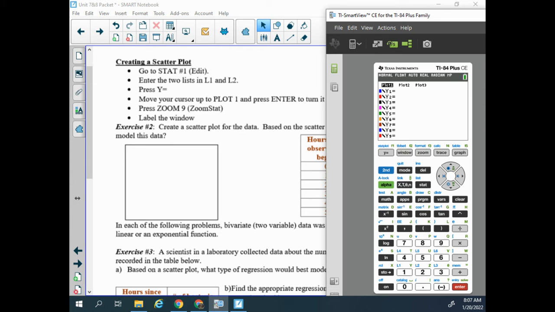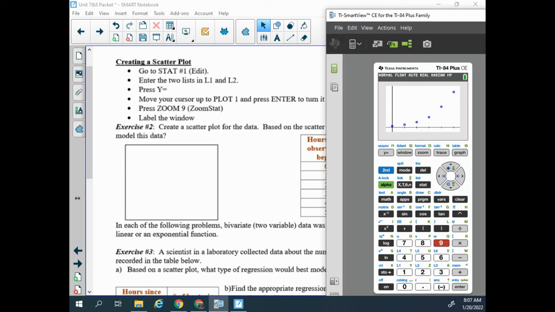That's the stat graphs. So that's on now. Now the default stat graph is a scatter plot, so we don't have to change settings in the second y equals, the stat plot. Now I need to press zoom, and at the bottom of the zoom menu, I see zoom stat. That zooms in on the points in my table that I entered. So zoom 9, and then we see the scatter plot.